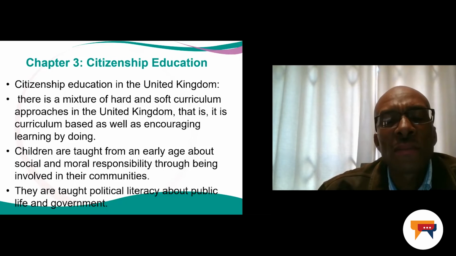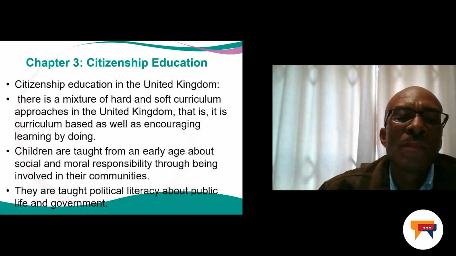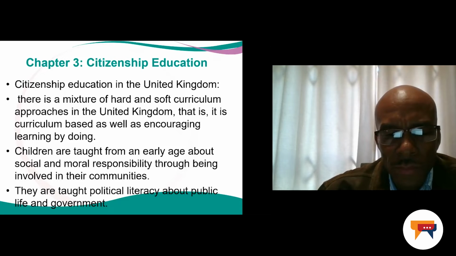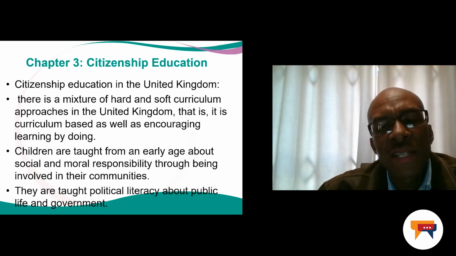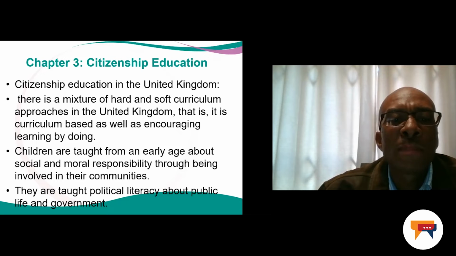Children are taught from an early age about social and moral responsibility through being involved in their communities. They are taught political literacy about public life and government.